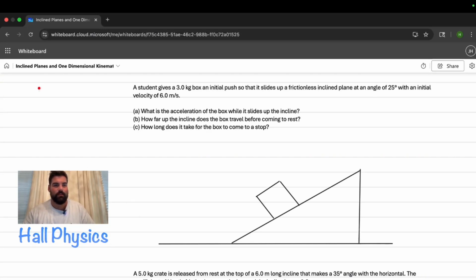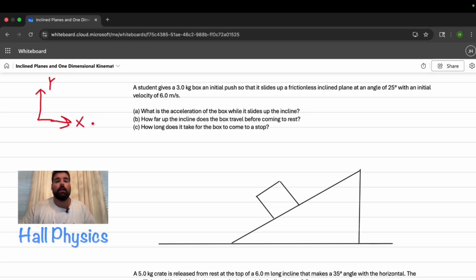Number 2, let's go ahead and establish our x and y coordinates again. I'm just going to keep them the same. I always keep them the same just to have continuity.